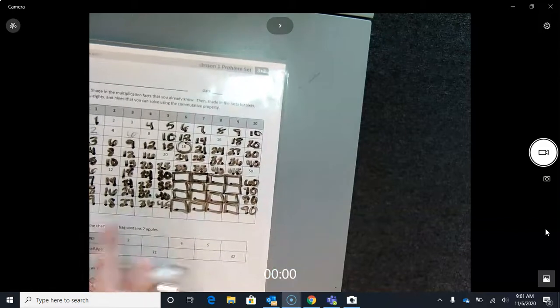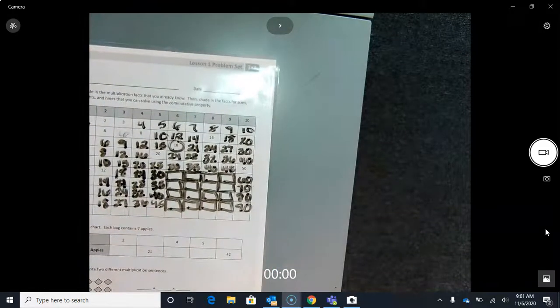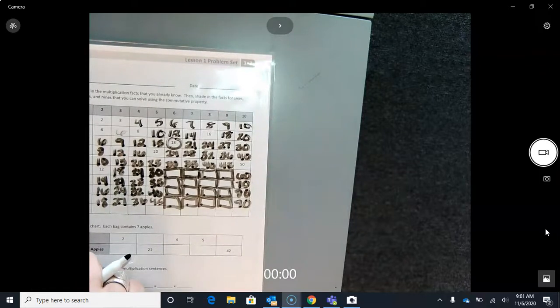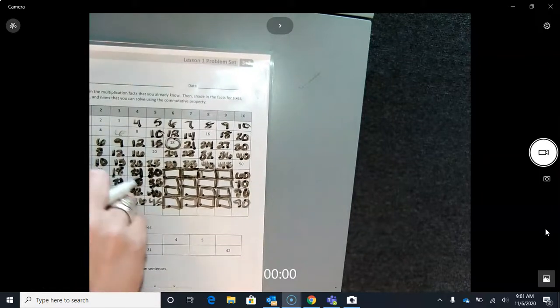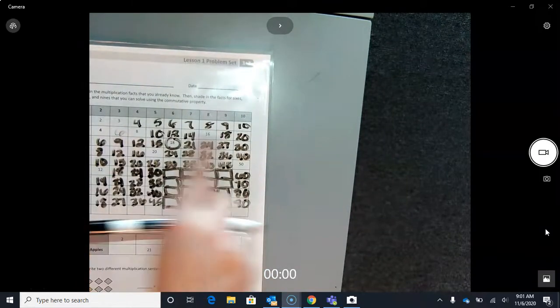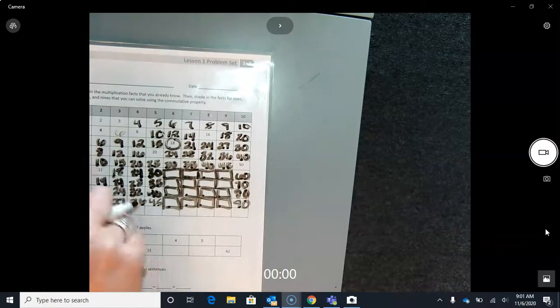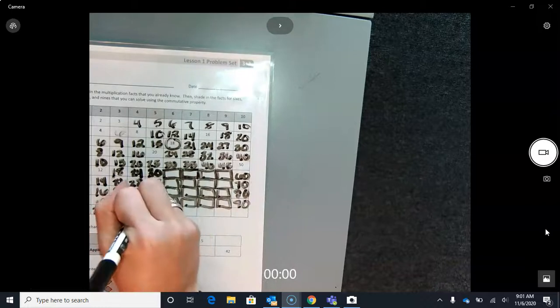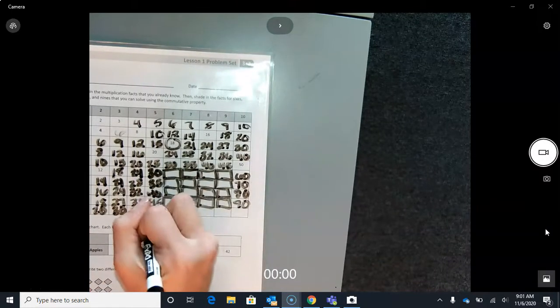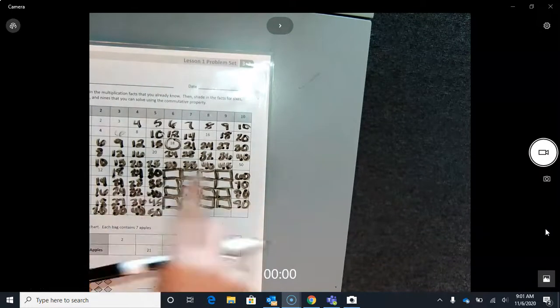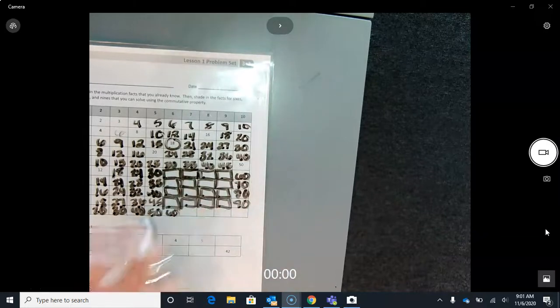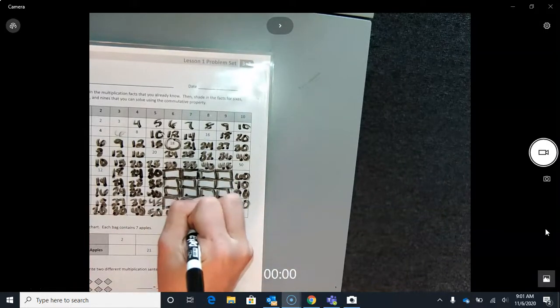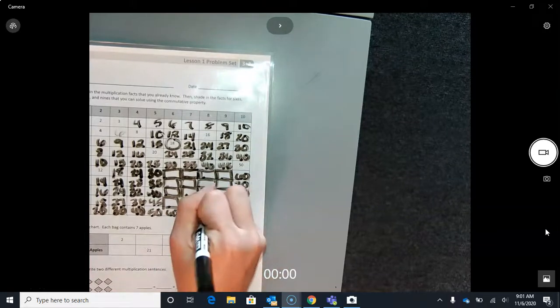And now we're at our tens. So let's take a look. We know our tens. So let's count them up together. We've got 1 times 10 is 10. 2 times 10 is 20. 3 times 10 is 30. 4 times 10 is 40. 5 times 10 is 50. 6 times 10 is 60. 7 times 10 is 70. 8 times 10 is 80.